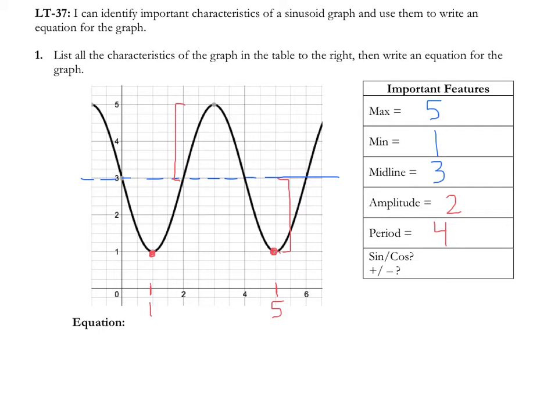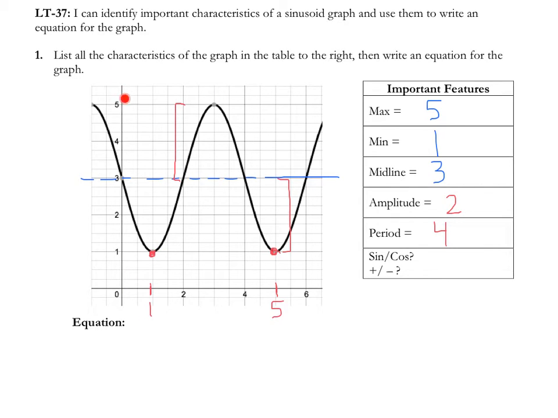Now let's think about whether this is sine or cosine, and whether it should be a positive or a negative one. We use cosine when the graph starts at a peak or at a valley.